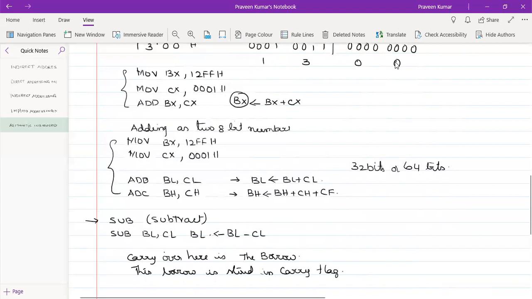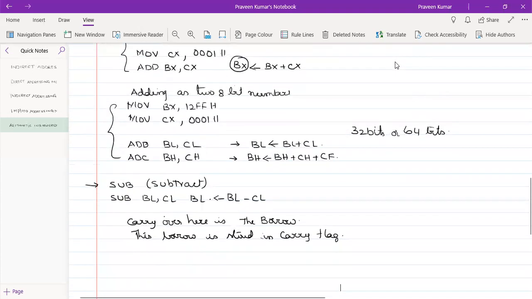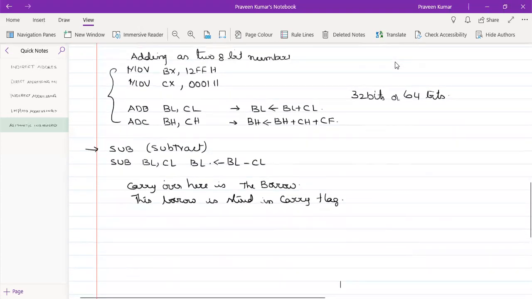So during addition, if there is a carry, the carry flag becomes 1. During subtraction, if there is a borrow, the carry flag becomes 1. So we are clear about these terms. During addition, if I am having a carry, then CF will become 1.